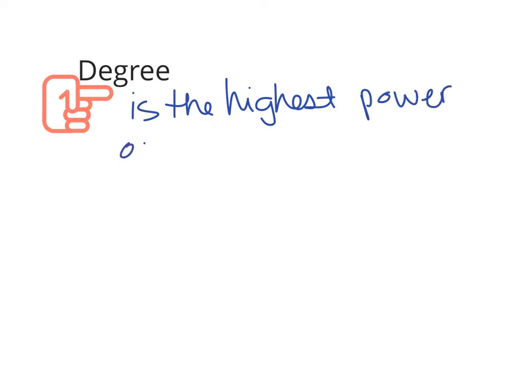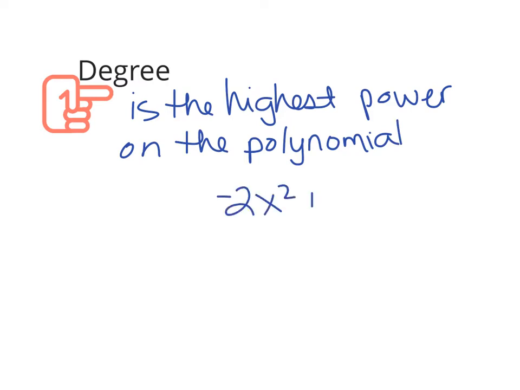If I go back to the example on the previous screen, the negative 2x squared plus 3x, I referenced how the 2 is a higher exponent than the 1 over here, so this expression is in standard form. 2 is the highest power, so this would be a second degree polynomial. So the degree on that example would be a 2.